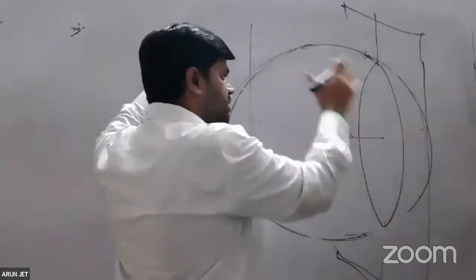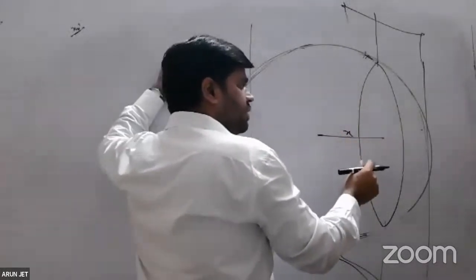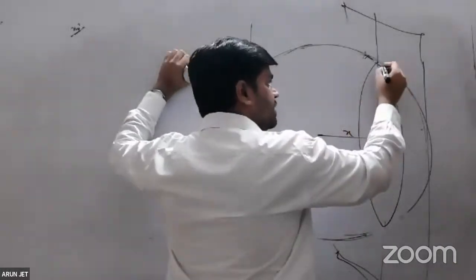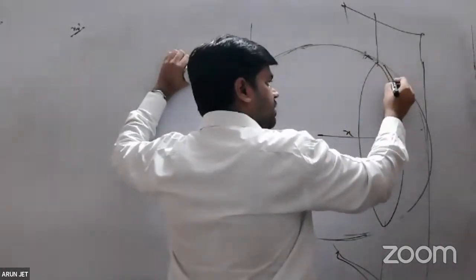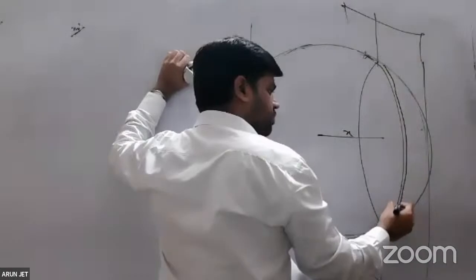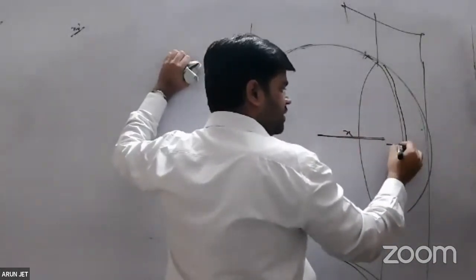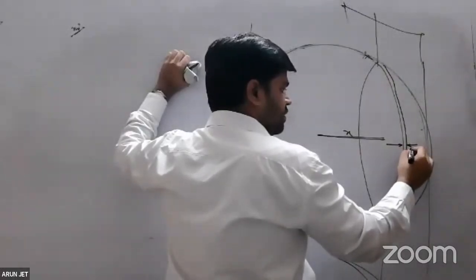The section of a sphere is a circle, but I want a thin disk at this place. So at a distance x, I take a thin disk of width dx.